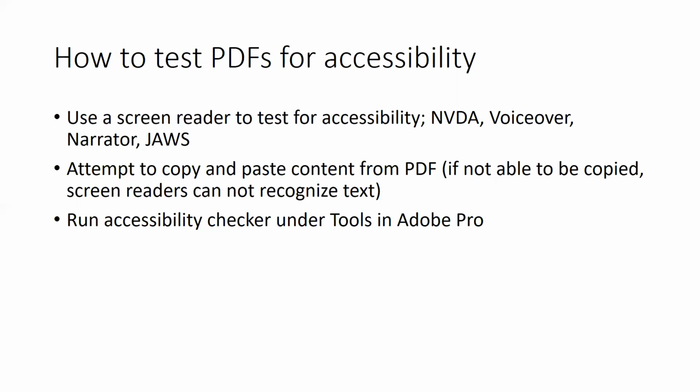And to give some background on how screen readers work, because a lot of what we're going to talk about today helps screen readers work. When you're using a screen reader, typically it's for low vision users or blind users, but other people can use them as well.